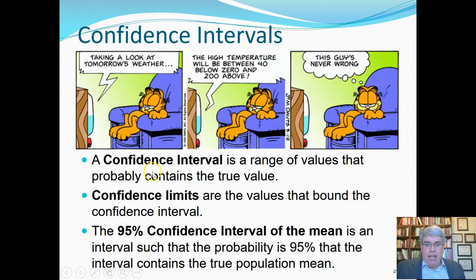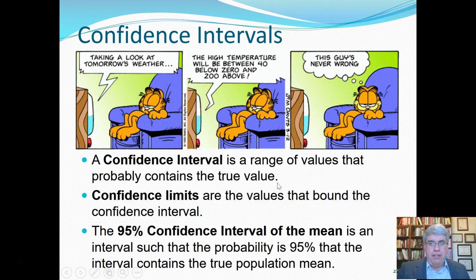So we're going to look at how to calculate confidence intervals when we measure some descriptive statistic. And another concept here are the confidence limits that are the values that bound the confidence interval. So 40 to 200 was the interval, and the limits were 40 and 200.